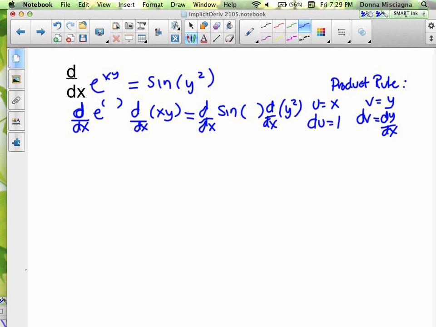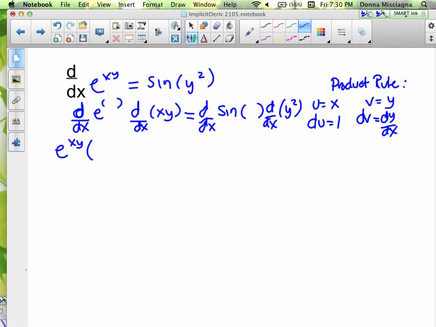The derivative of e to the blop is e to the blop. It's its own derivative. So that's going to be e to the xy. Then we need to take the derivative of the blop, the derivative of xy. I'm going to use parentheses here because we're going to have a sum of terms since we're using the product rule.